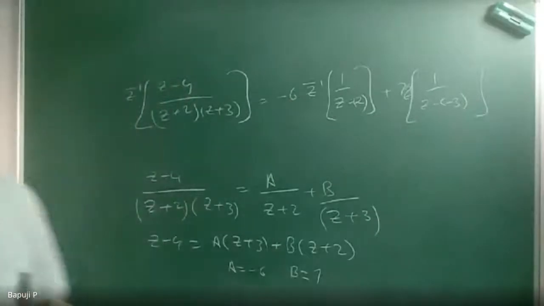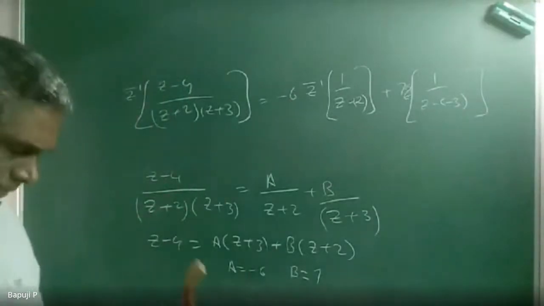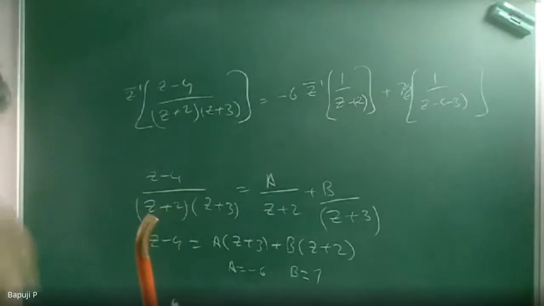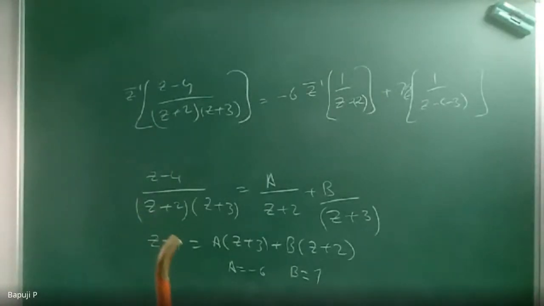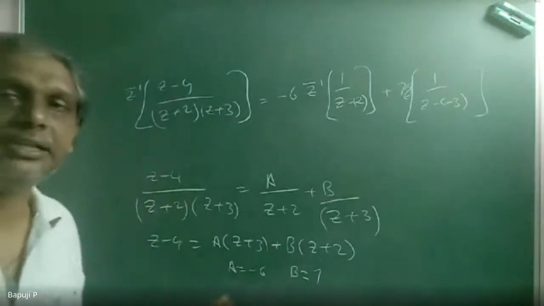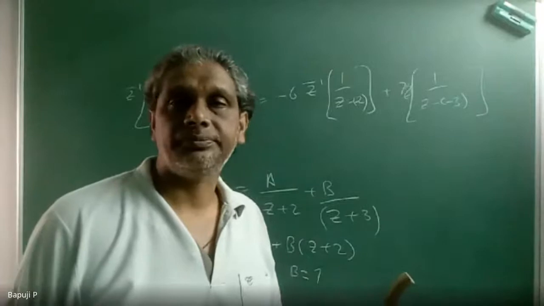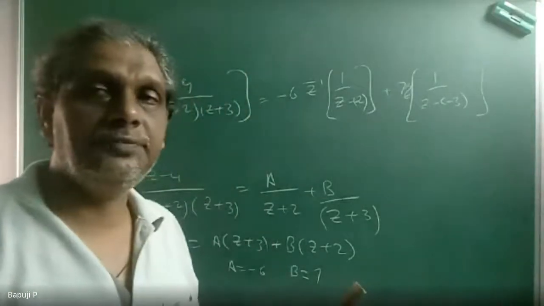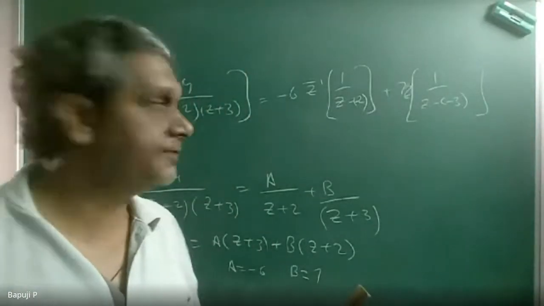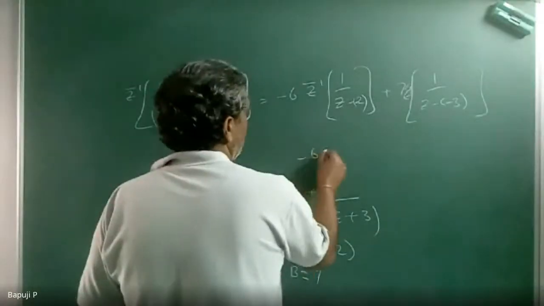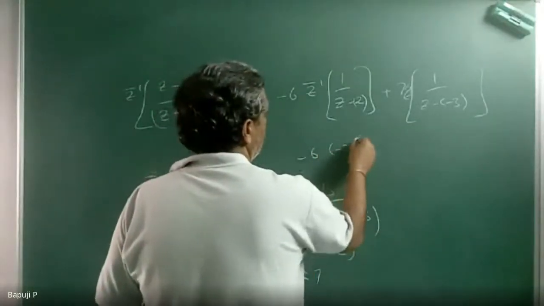Now tell me the answer. What is the formula for 1 by z minus a? Studied or not? The formula was already given yesterday. The formula is a to the power of k minus 1. So what you will get is minus 6 into minus 2 to the power of k minus 1.